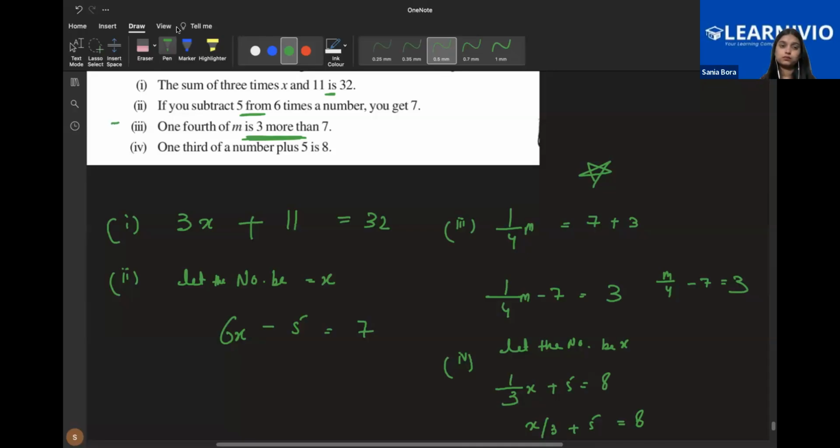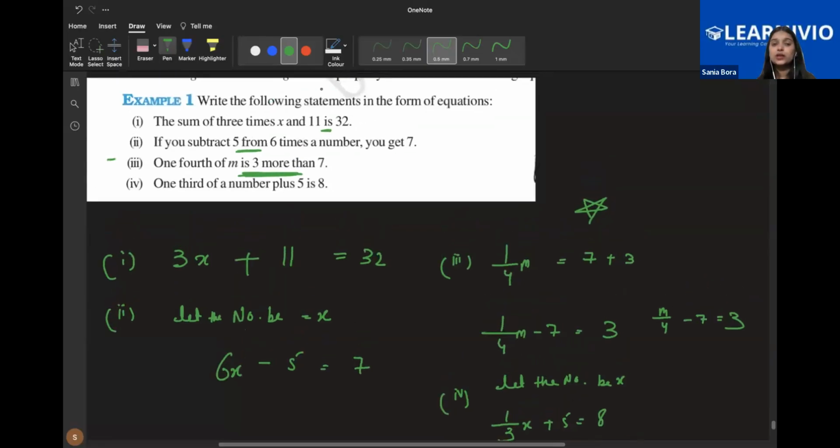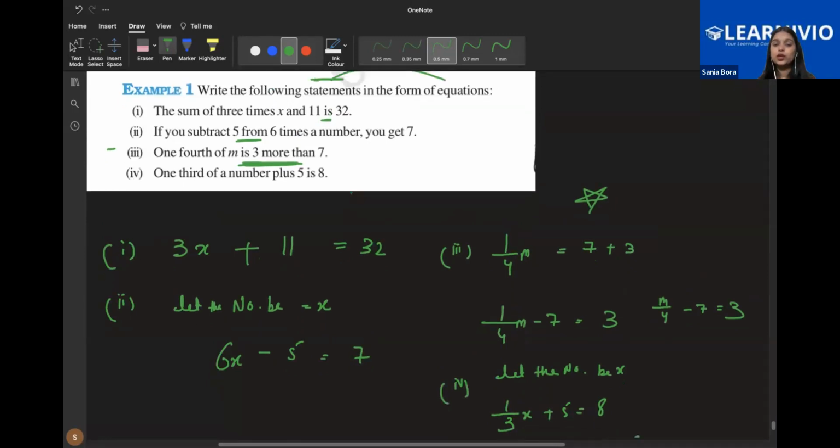Ma'am, I noted. Okay. Now sometimes what happens? Equations are given to you, right? Then you have to form the sentence. Sometimes statements are given to you for forming the equation. Now we will practice a few things.